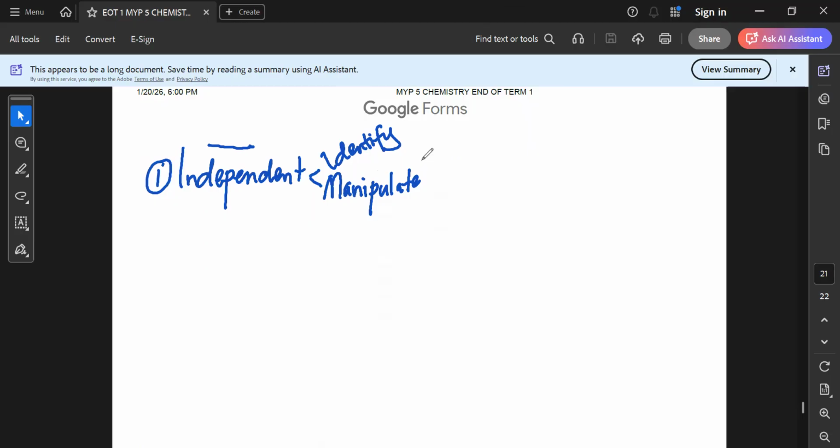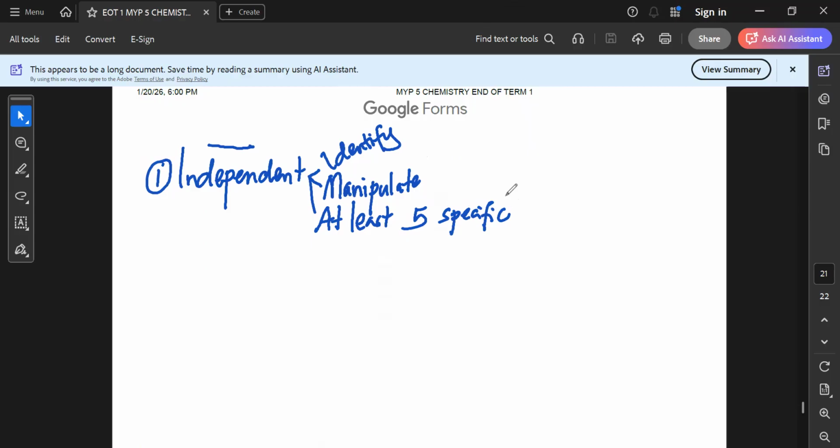So, in manipulating your independent variable, among the things you must say, please mention that you must use at a minimum, or you must use at least, 5 specific values.